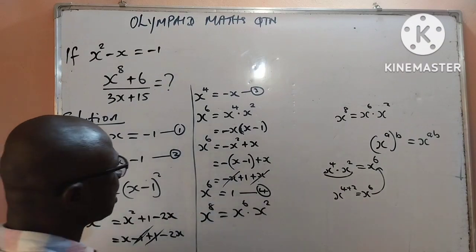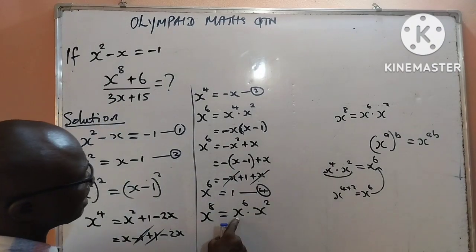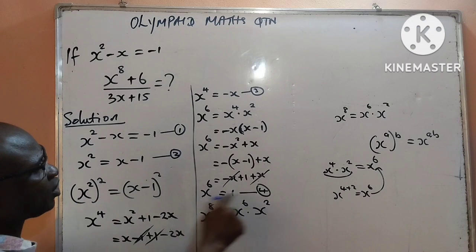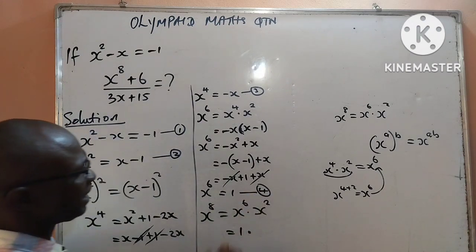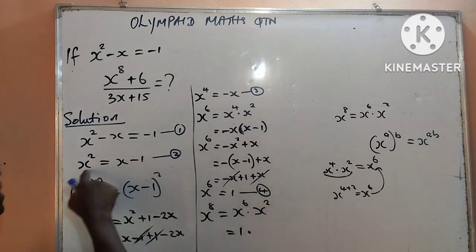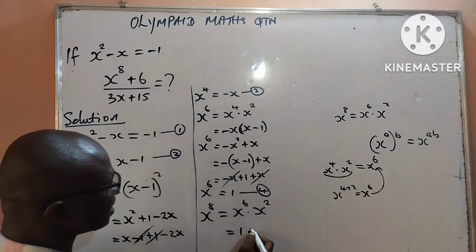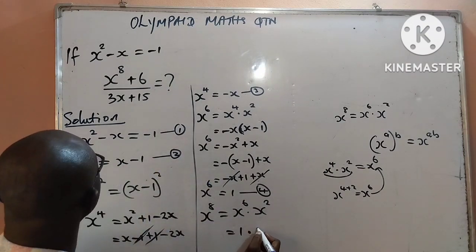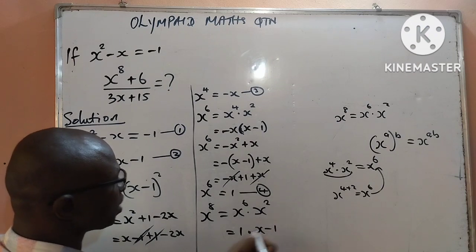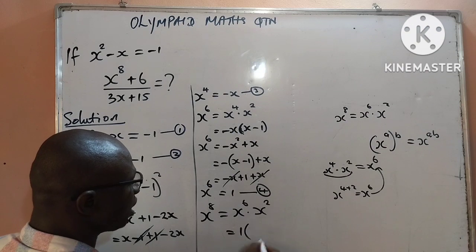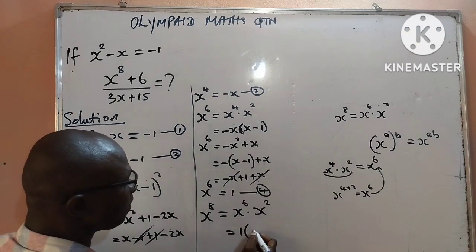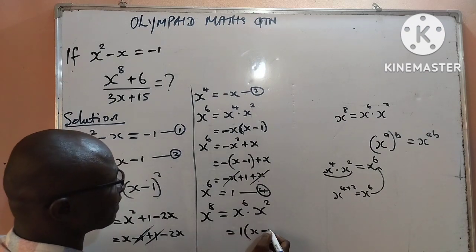Next is to do substitution, replacing my x to the power 6, which I got in equation 4, and that gave me just 1, multiplied by x to the power 2, which I got in equation 2, and that is simply multiplied by x minus 1. So what it means in actual sense is I shall be multiplying 1 x to the power 6 multiplied by x to the power 2, which is x minus 1.